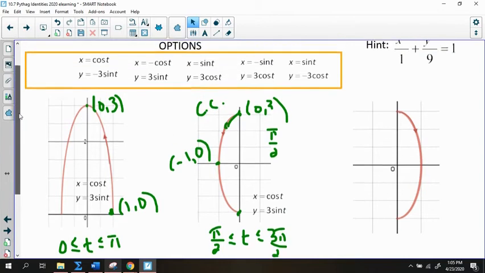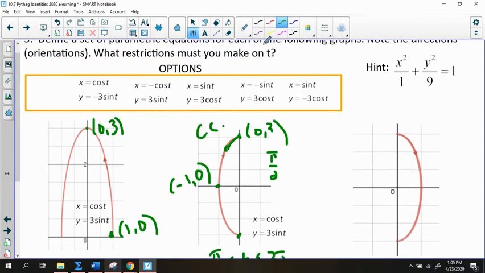Okay, so the last problem here starts up again at 0, 3, and is now going clockwise direction and ending down here. So again, I'm only getting half of the ellipse.